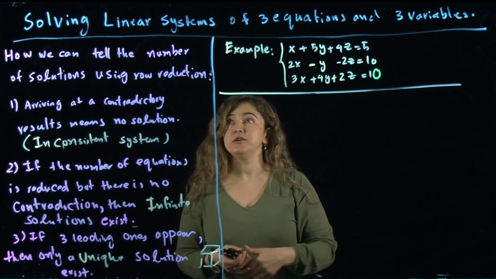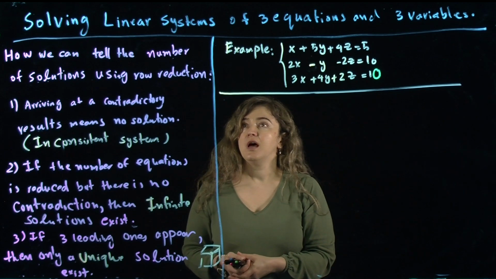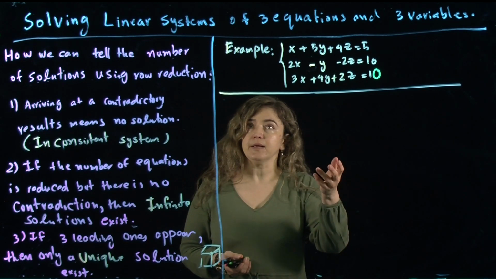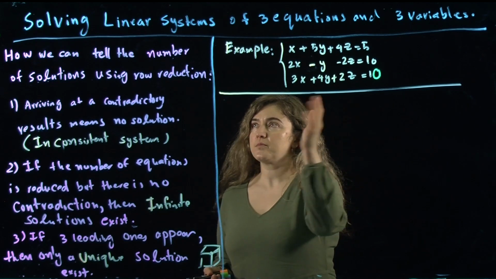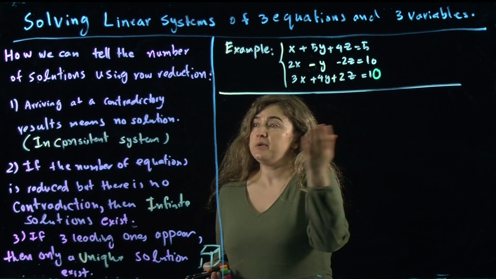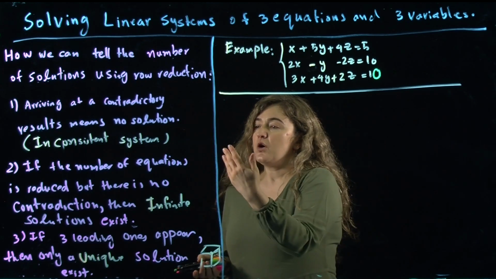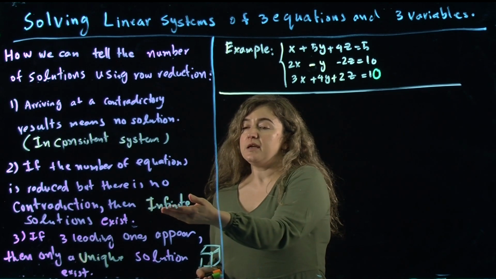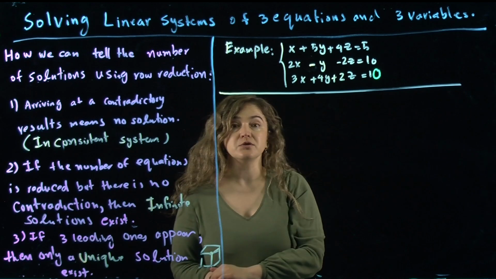So we're continuing with solving linear systems of three equations and three variables. We learned that the system can be either an inconsistent system with no solutions, or it can have infinite solutions, or it can have a unique solution.